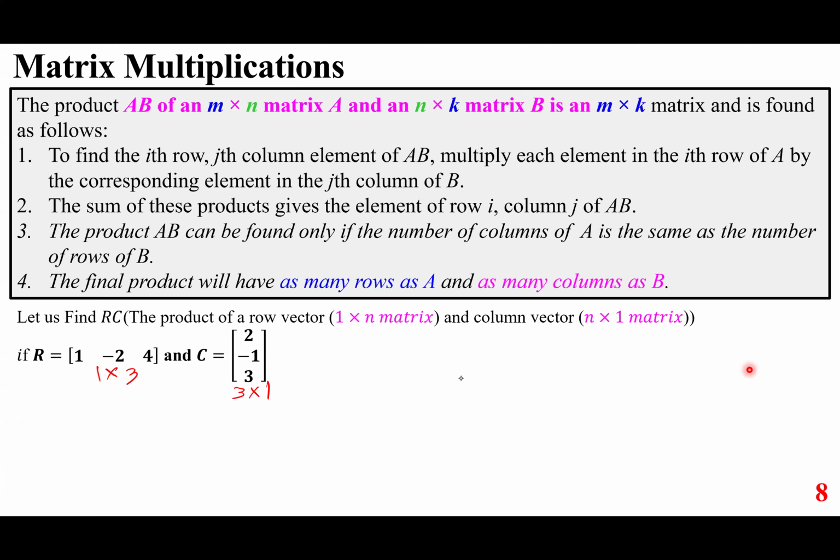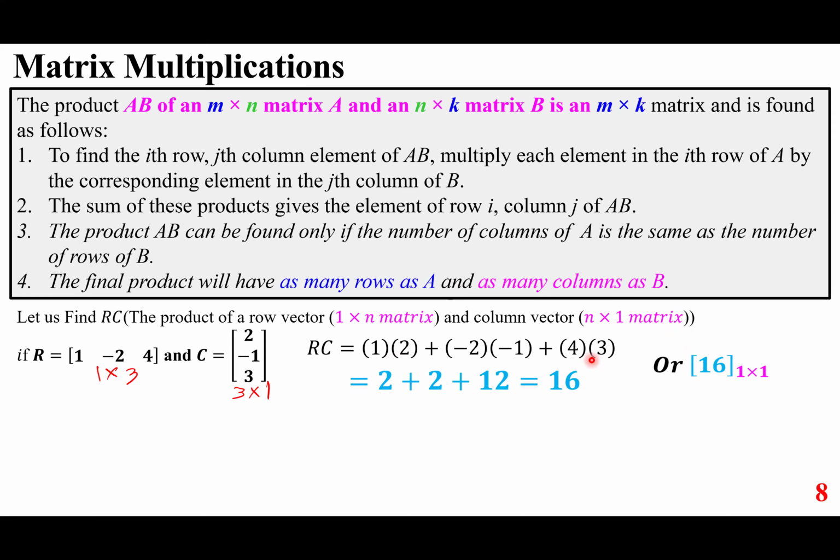So how do we do that? 1 times 2 plus -2 times -1 plus 4 times 3. So we start with the simplest one to make sure we understand, and we move on. So we get 2 here, 2 here, and 12. They add up to 16. You can represent it just as a number or a matrix of size 1 by 1.